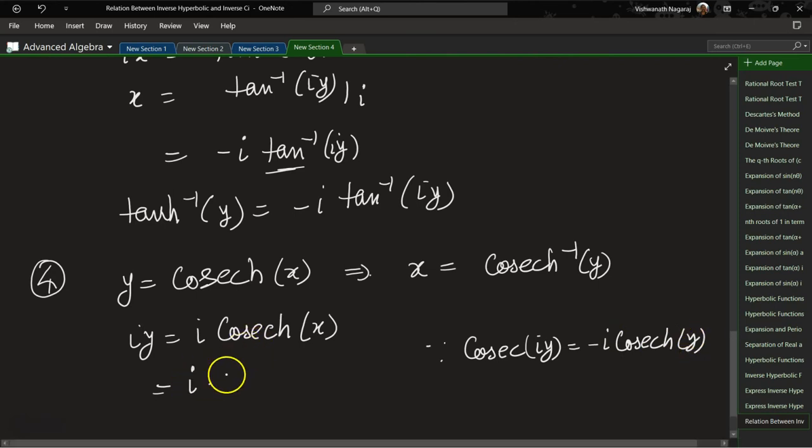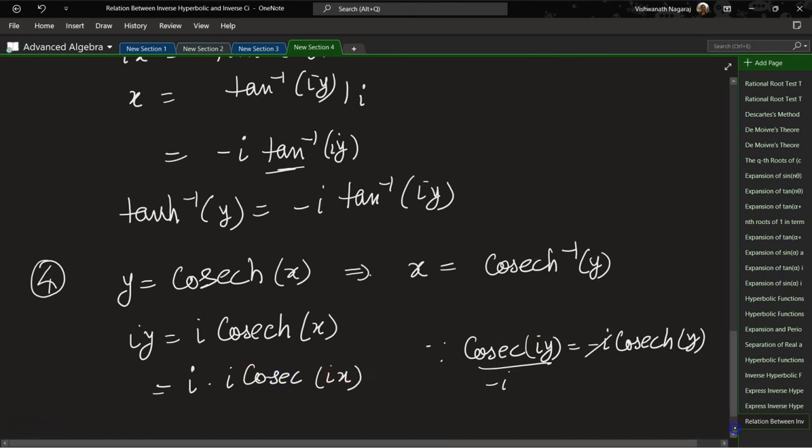I as it is times minus i, we can't do it directly, we have to take it here, minus i times minus i by times i by i gives us i cosec ix.